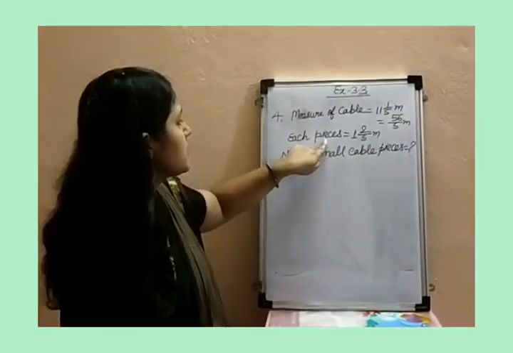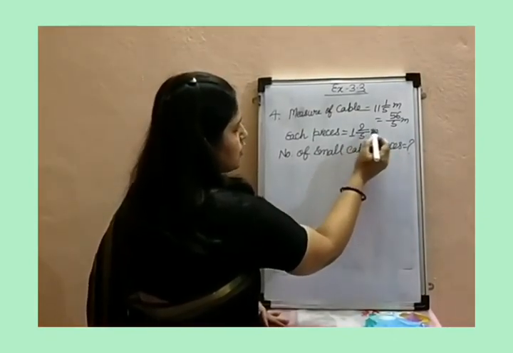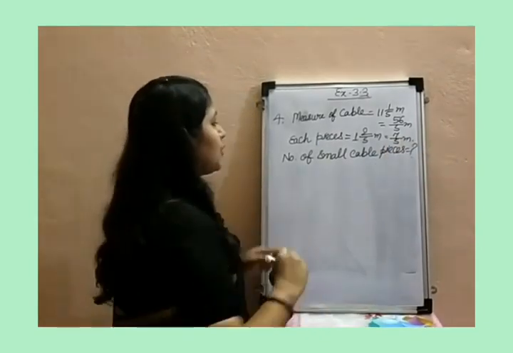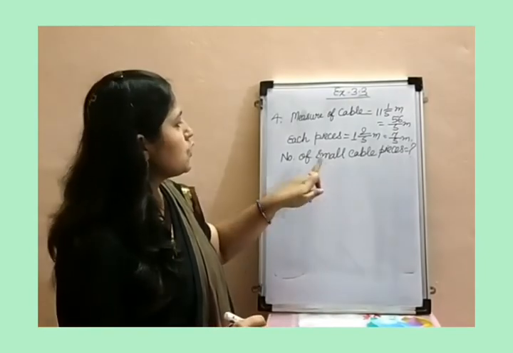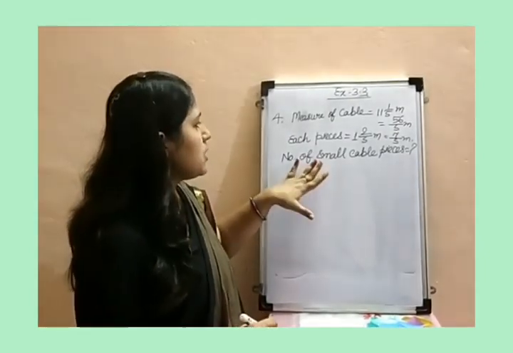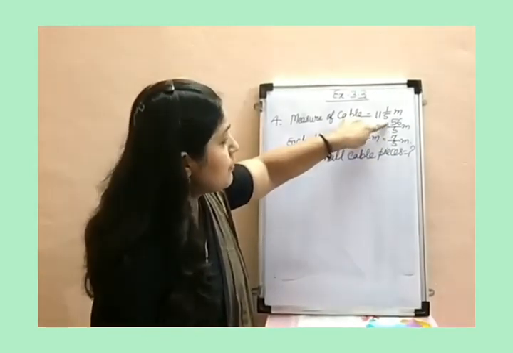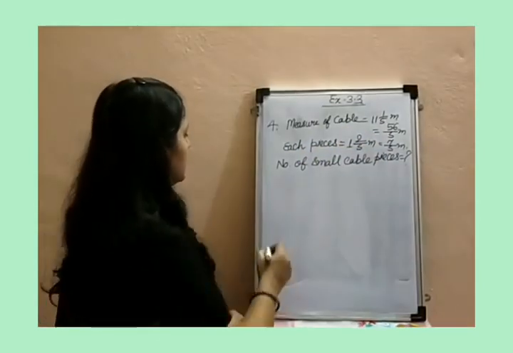Each piece's measurement is 1 2 upon 5. 5 1s are 5 and 2, 7 upon 5 meter. And the question is, how many small cable pieces? So to get the proper answer, we need to divide 56 upon 5 by 7 upon 5.